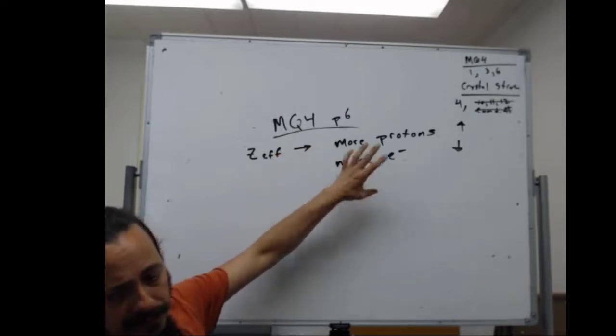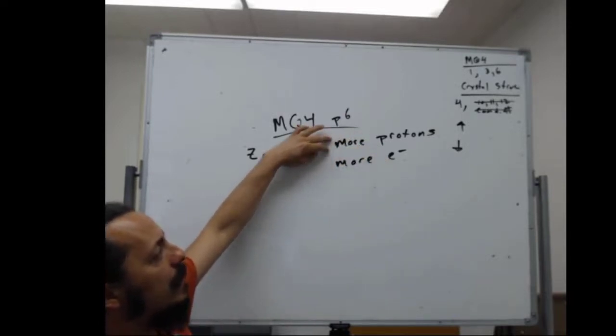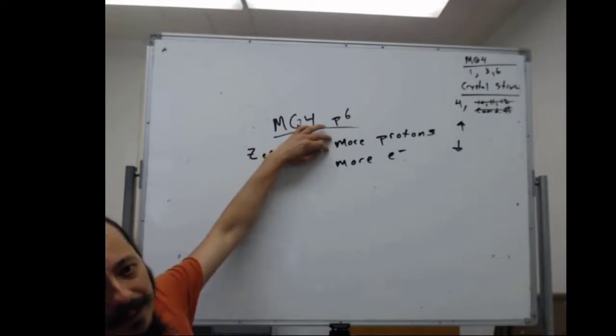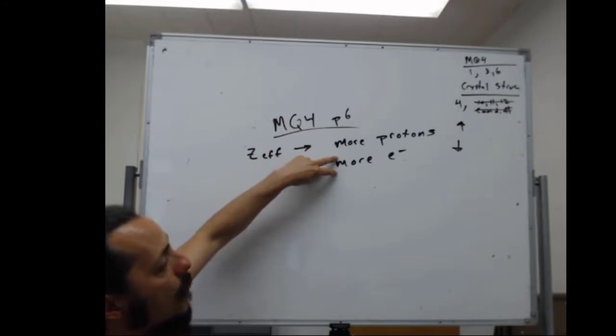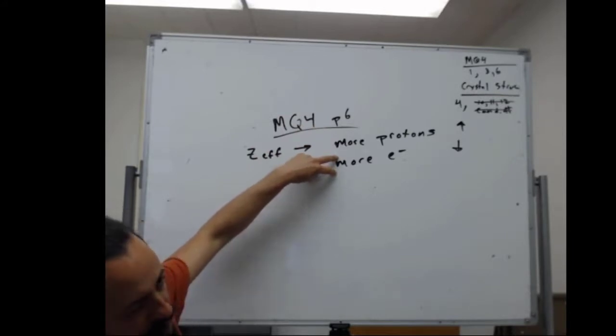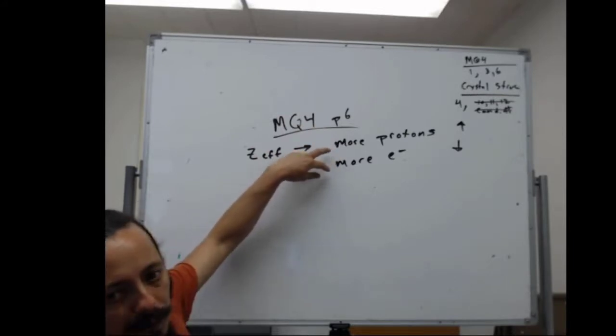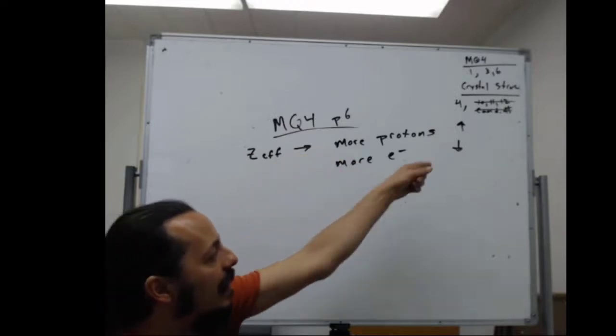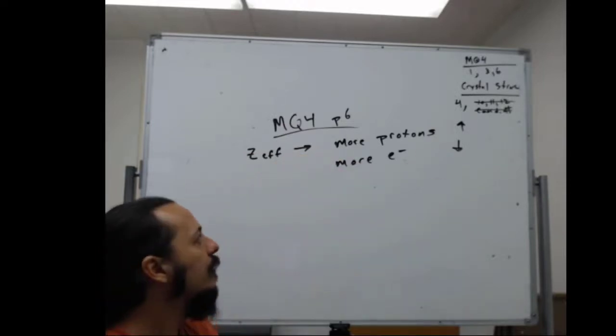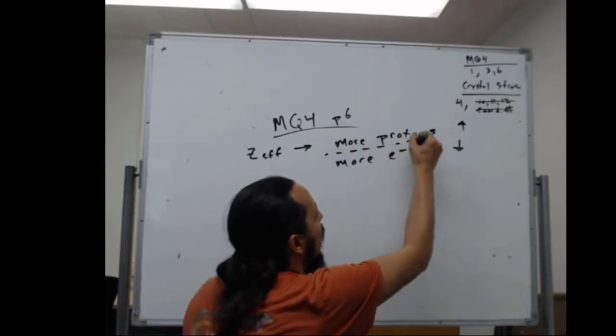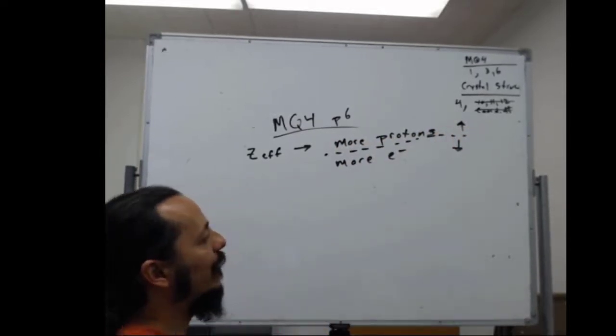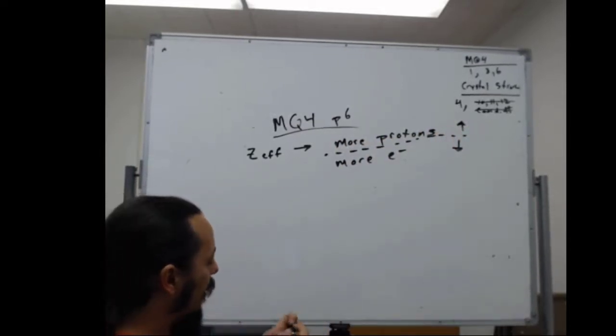If we've got the same number of electrons and we increase the protons, we're going to see Z effective change. If we have more electrons without changing the number of protons, you're going to have more electron-electron repulsion, and you're going to see a decrease in your Z effective. So these are not one then the other. It's one consideration and another consideration.